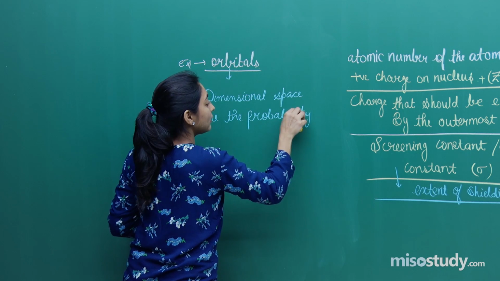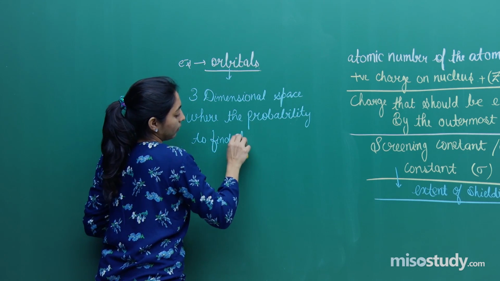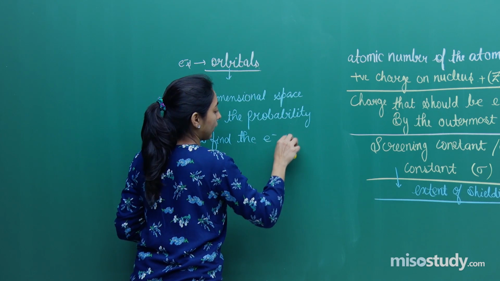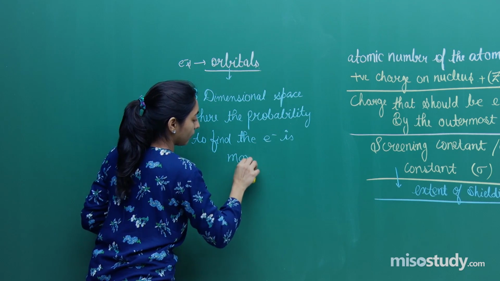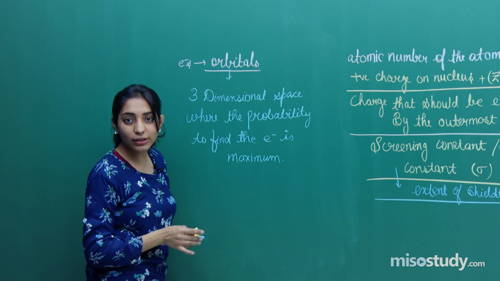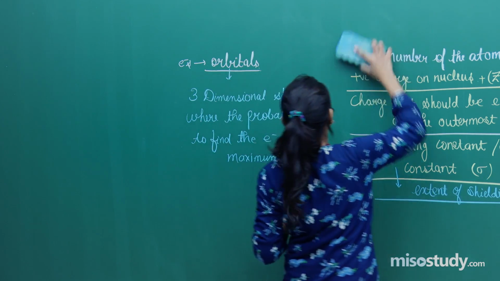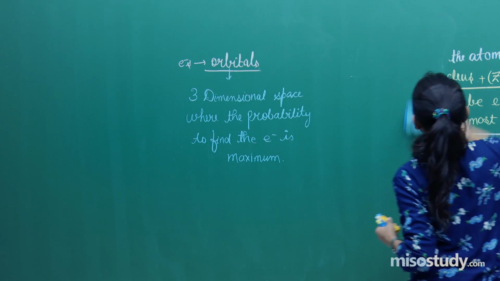So it is the three-dimensional space where the probability to find the electron has been found to be maximum. This is what is known as an orbital.